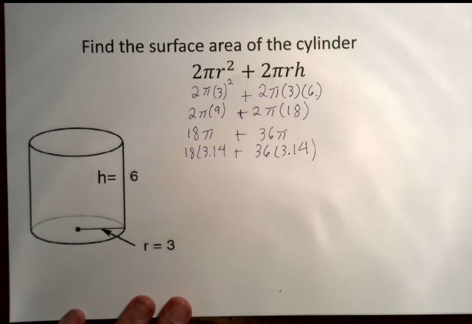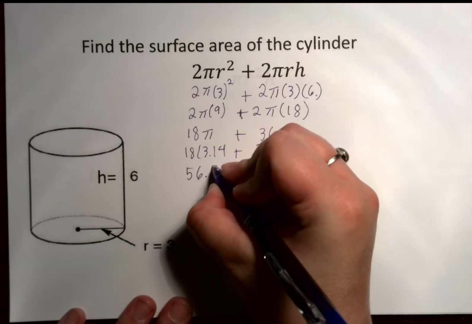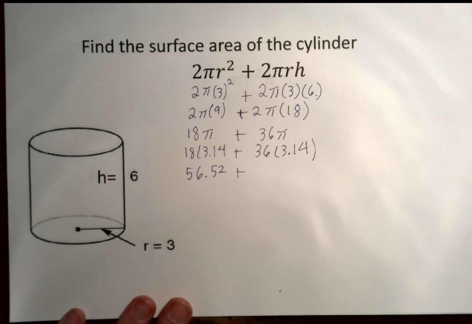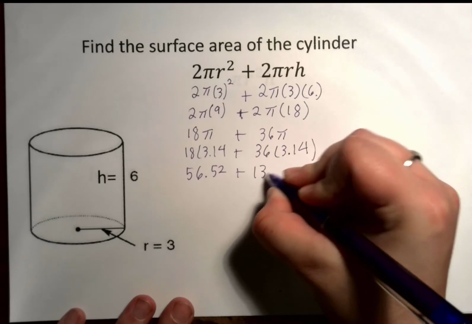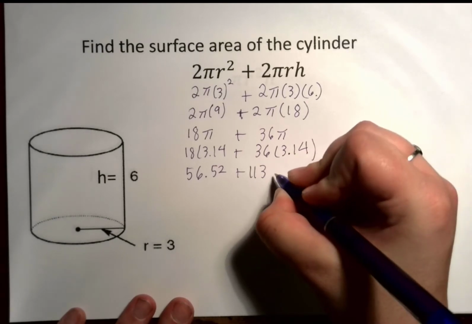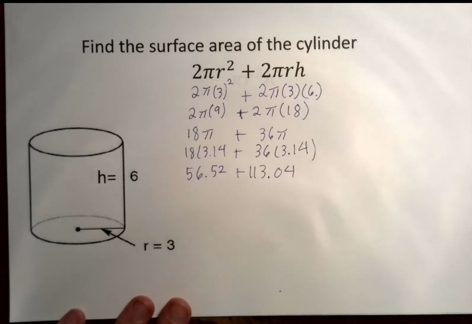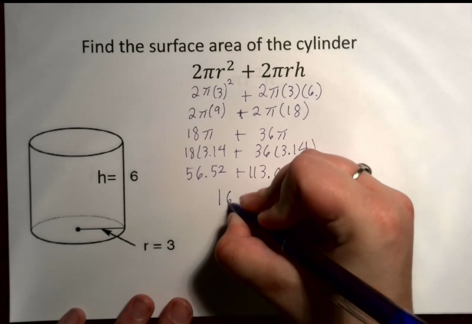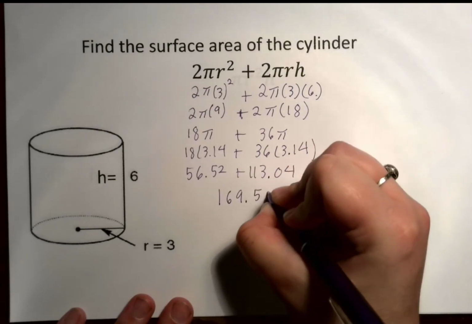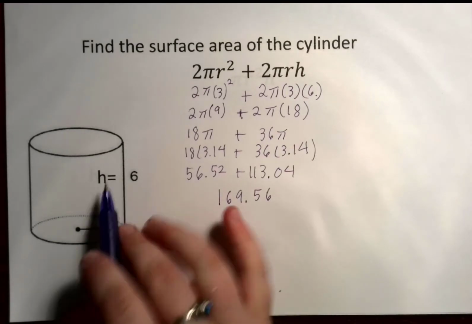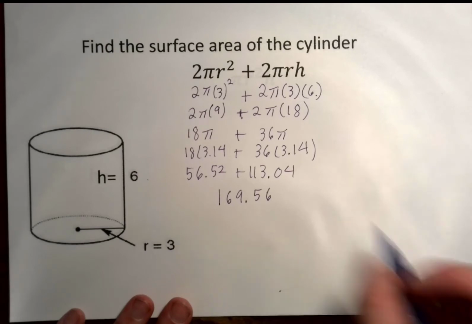So 18 times 3.14 is 56.52 plus 36 times pi, which is 3.14 approximately, which is 113.04. And when I add those together, I get 169.56. Okay, if I had a measurement here, my measurement would be squared.